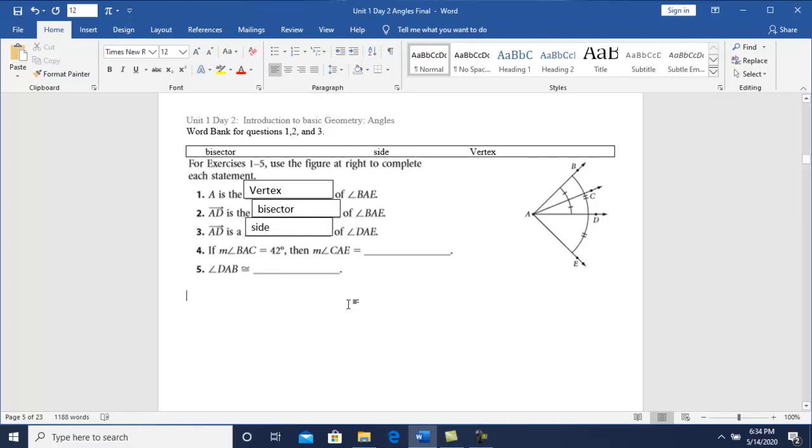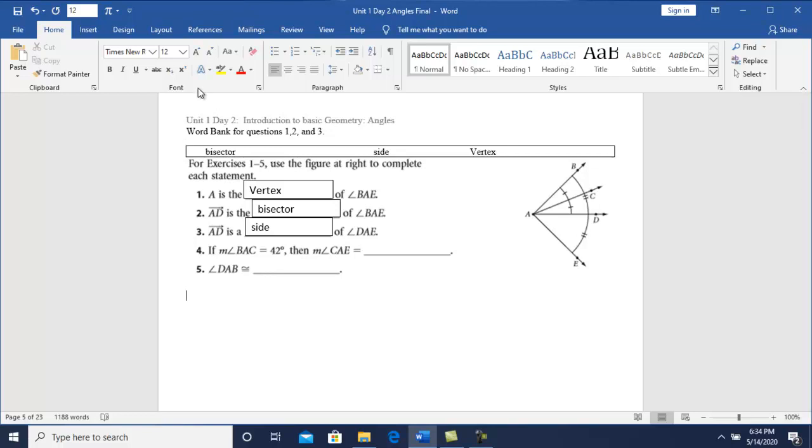All right, the next part says if angle BAC is 42 degrees, then angle CAE is blank. First of all, I want to mention that there is an error here. BAC is not 42 degrees. That is just way too small.